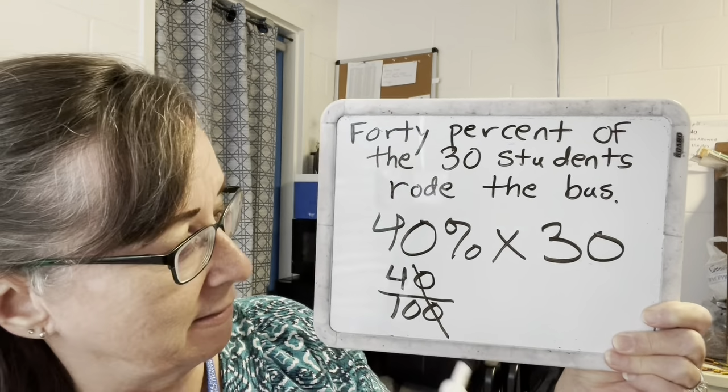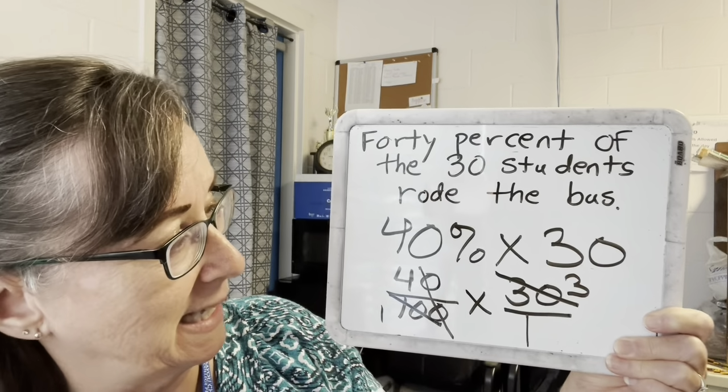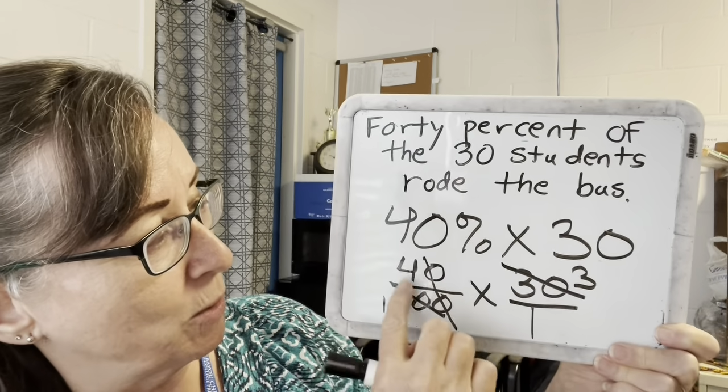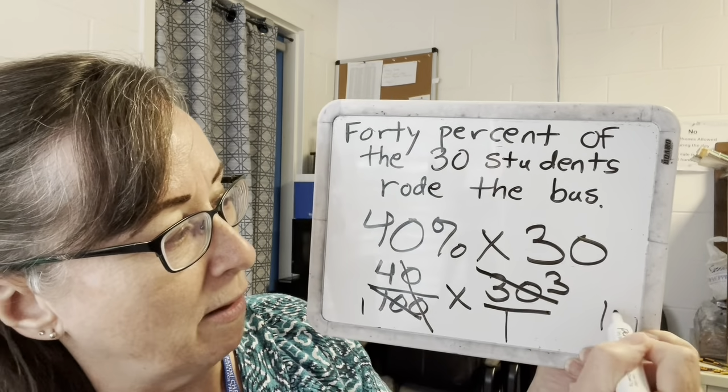Divide by 10, divide by 10, leaving a 3. This one was just a 1, wasn't it? So now we end up with 4 times 3 is 12. And on the denominator, we just have 1 times 1, which we can just do without. And there were 12 students that rode that bus. And that was example number 5.